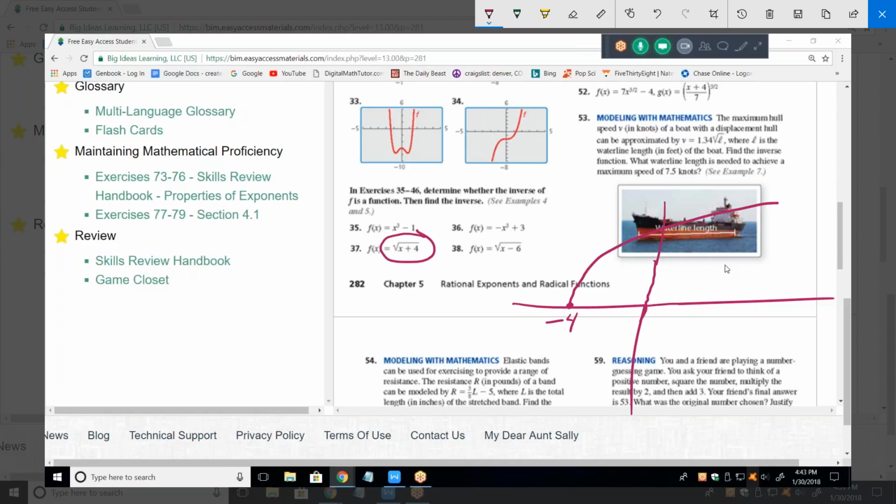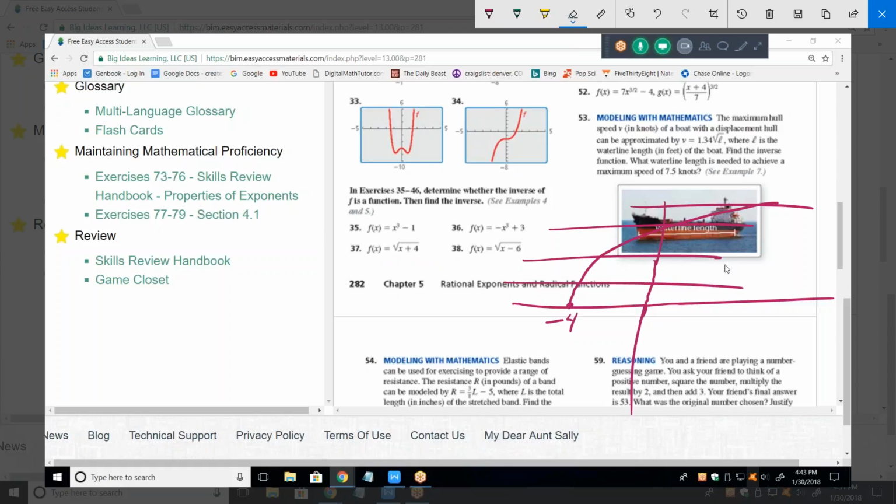In other words, I don't know what the inverse looks like yet, but I know that the function passes the horizontal line test. Therefore, whatever its inverse is, it's going to be a function. It's going to pass the vertical line test. This is what a thing has to do to be a function, it has to pass the vertical line test.